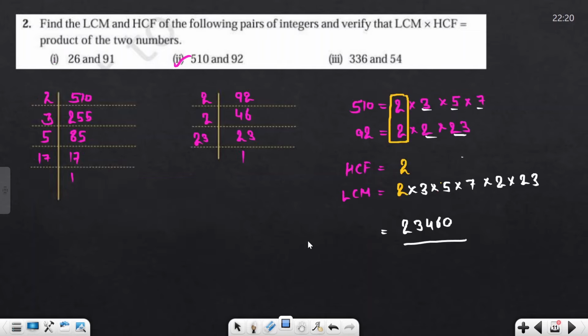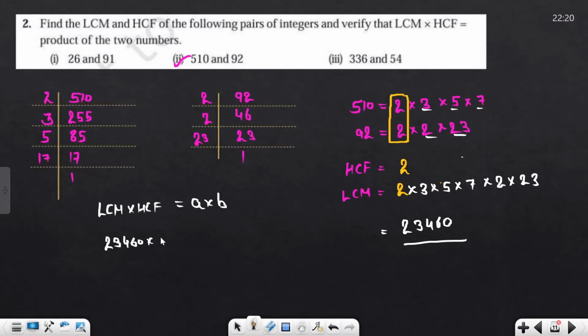Simply, again put the same formula: LCM into HCF is equal to the product of two numbers, A into B. LCM is what? 23460.